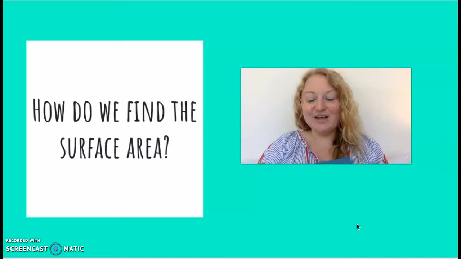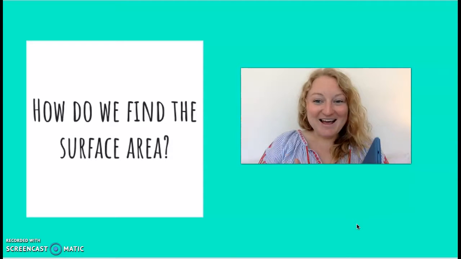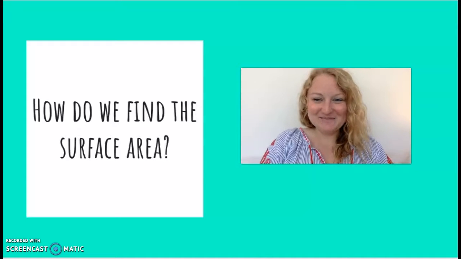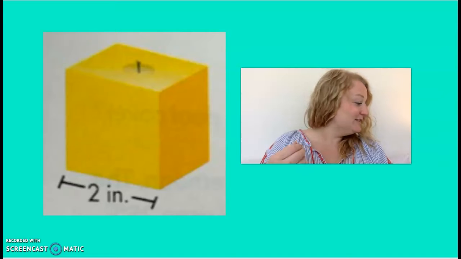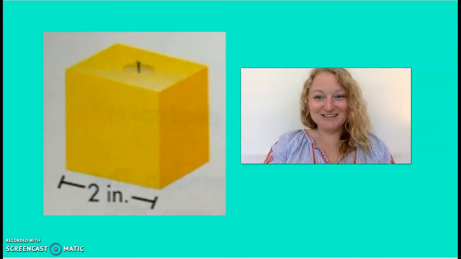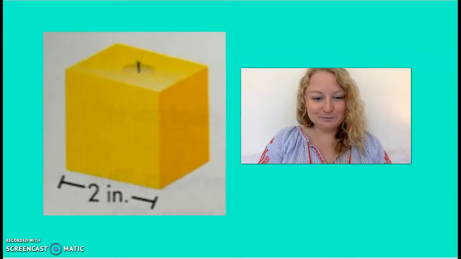Once I found the area of all 6 faces by doing length times width, I would add them together and poof, there is your surface area. We are going to do a few examples today together on this video, and then you'll continue to do some practice after this and a little bit more later on in the week.